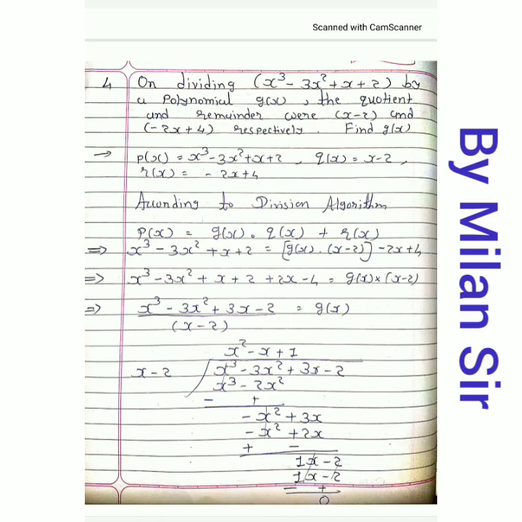Now x cube and minus 3x square as it is. Then plus x plus 2x, here nothing is given, that means 1x. So plus 1x plus 2x, plus plus plus, so total 3x. And other two terms, plus 2 and minus 4, plus minus minus, 4 minus 2 is 2, bigger number sign, it's minus. So this is our answer.